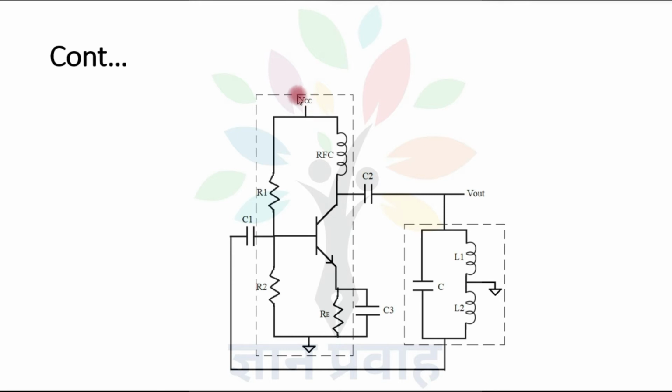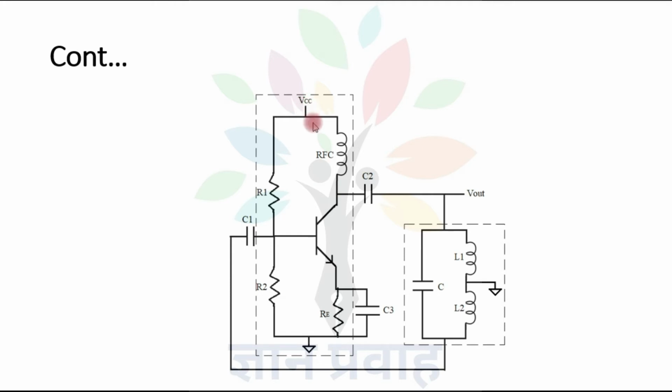This power supply is a DC power supply, so that interruption of the power supply will not be there. So from this diagram we can see there is no input signal. The circuit has only one DC power supply, and based on this power supply the circuit will operate.